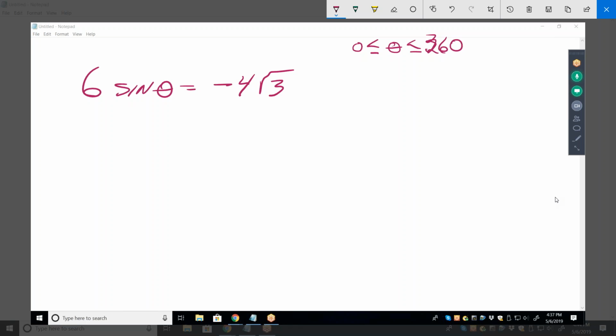Divide by 6. Read me the next line, always. When I say first step, just read me the next line. Sine of theta equals negative 4 root 3 divided by 6. Now simplify that. So sine of theta equals negative 2 root 3 over 3.